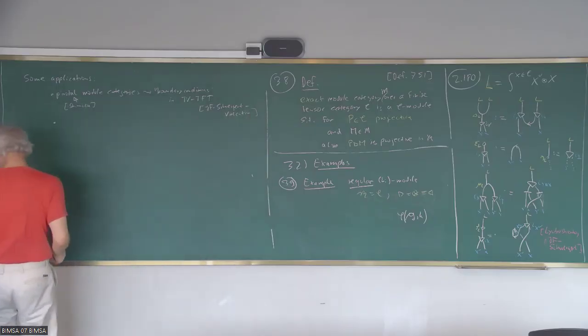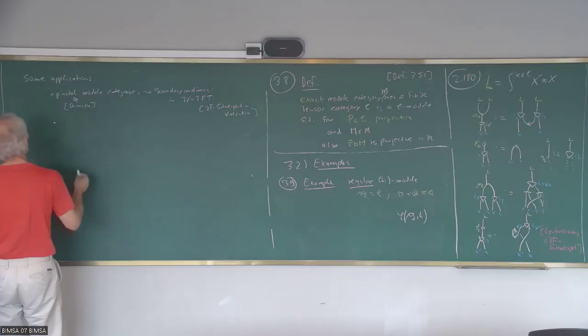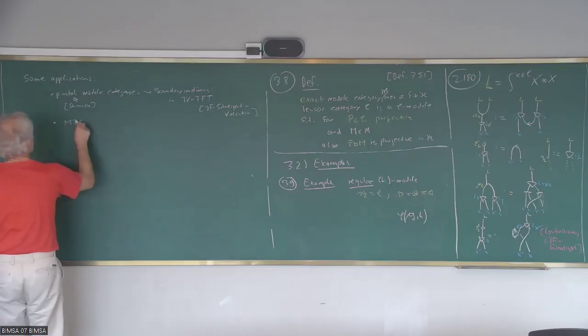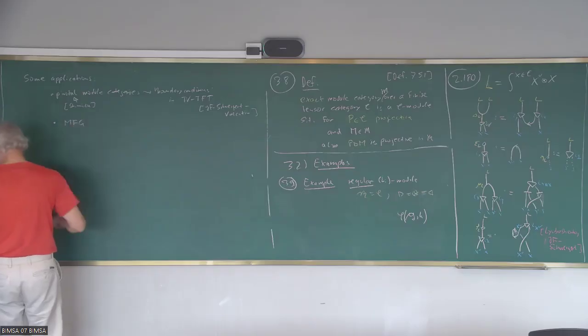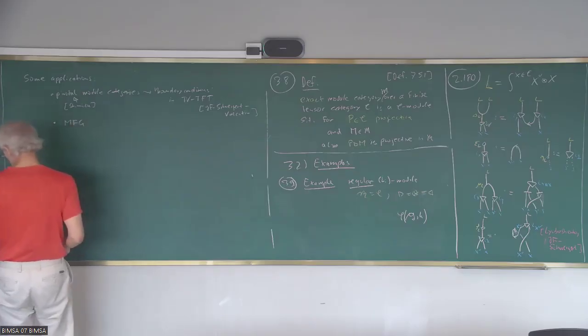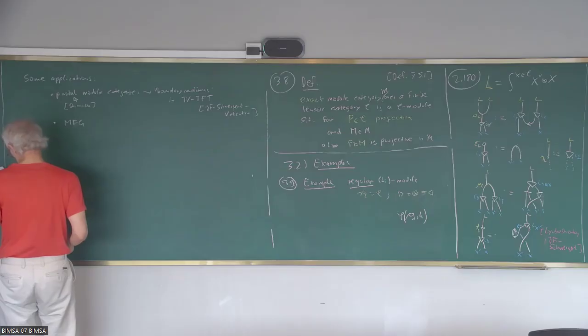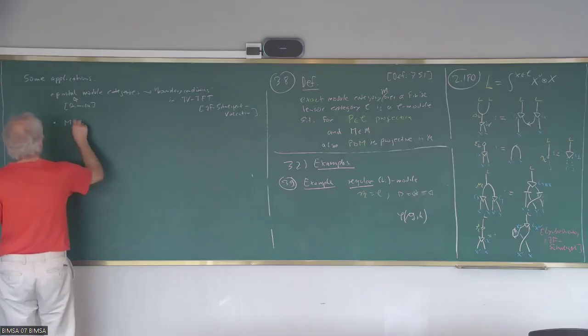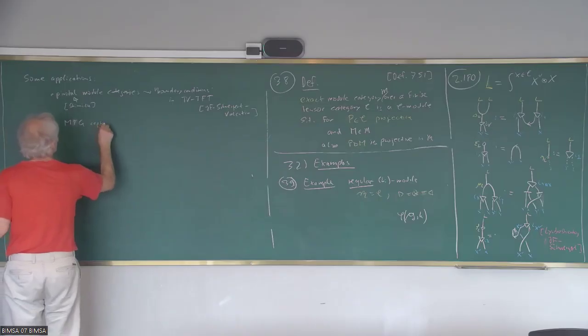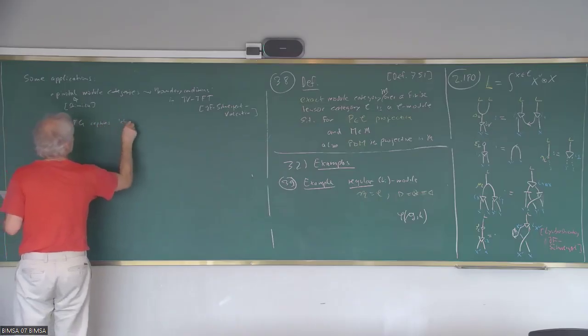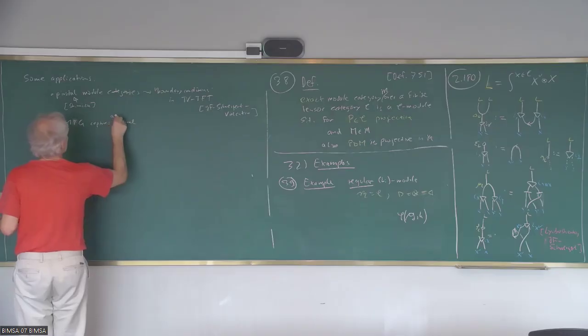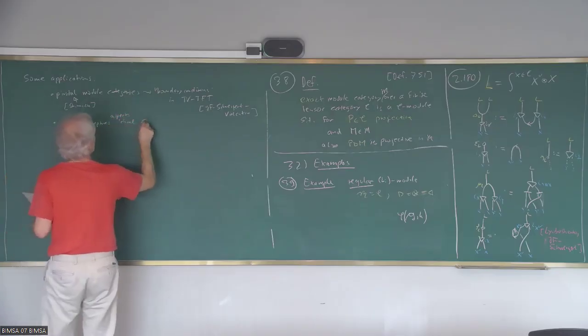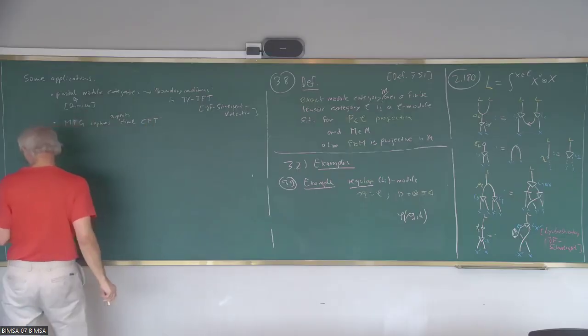Then, if you have a modular tensor category, or modular fusion category, well, more generally, a modular tensor category captures aspects of what is called a chiral two-dimensional conformal field theory.